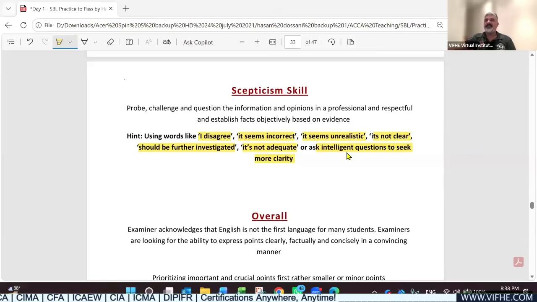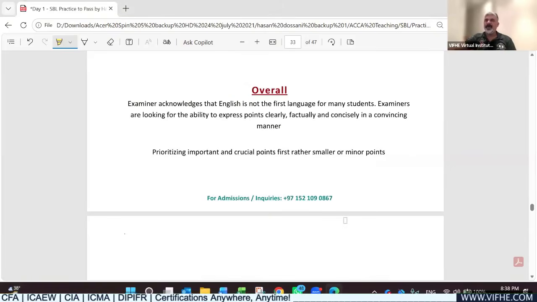All right, done. Now, there is some overall guidance on professional marks, and I thought I will share with you because I found it very interesting. Examiner acknowledges that English is not the first language for many students.